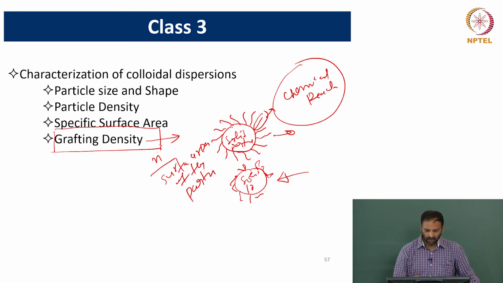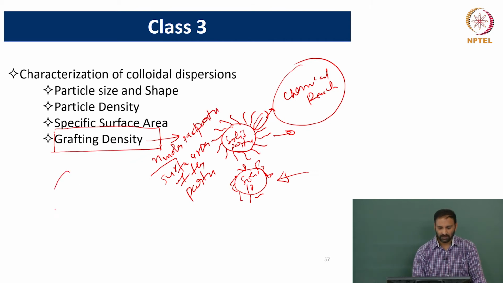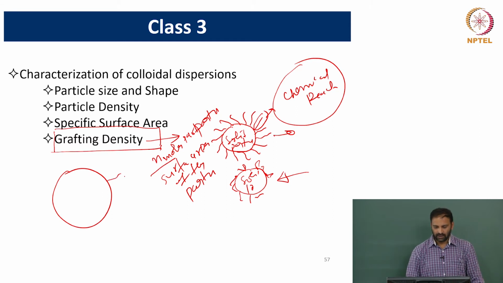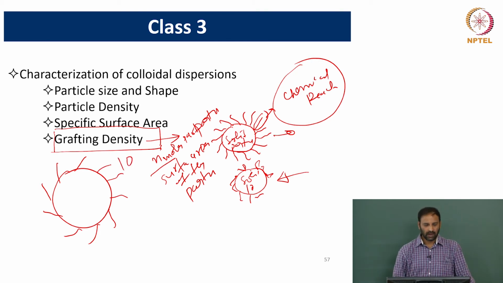This is the number of molecules, maybe per particle. That means if I have a particle, and I say that I have put in, I don't know, some 10 chains, and the particle surface area is, say for example, 100 micrometer square, this is an example, then your grafting density is going to be 10 divided by 100 micrometer square.